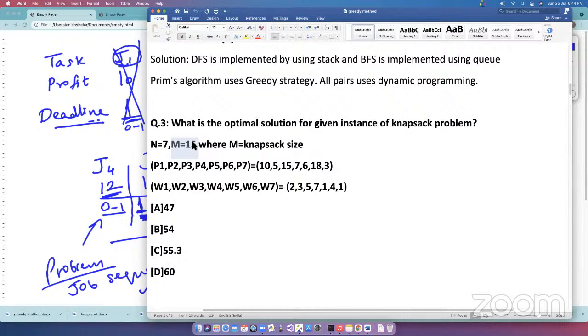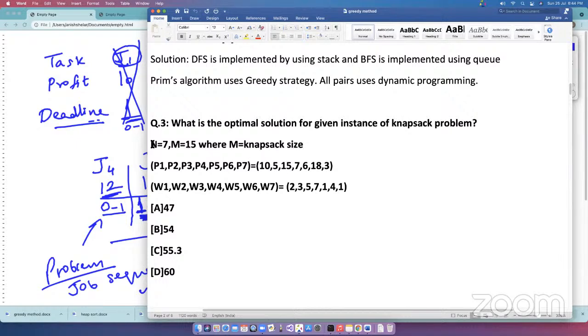That's the limit that the knapsack can carry. Knapsack cannot carry more than 15 kg because the knapsack will break otherwise. See, it has been given where M is the knapsack size. Size means limit. How much weight can you fill in the knapsack?